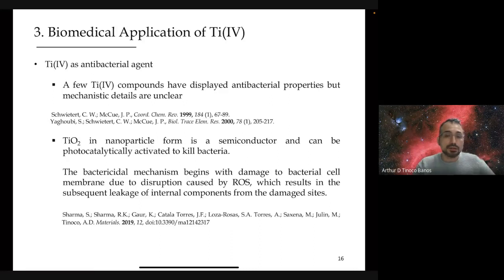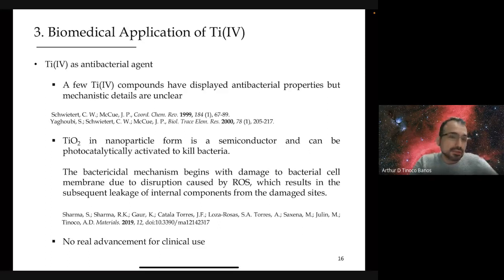And so in that context, if there are bacteria in the presence of the nanoparticular titanium dioxide, and you essentially activate it with a source of UV, that would then generate reactive oxygen species, which could then lead to an antibacterial effect.